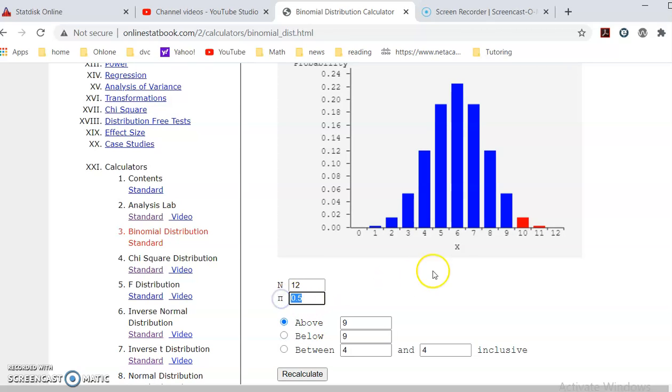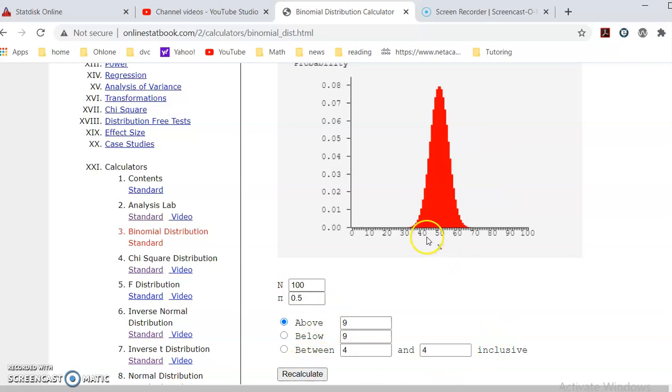You can see that this looks very normally distributed. If I increase this to 100, you can almost see that it is normally distributed.